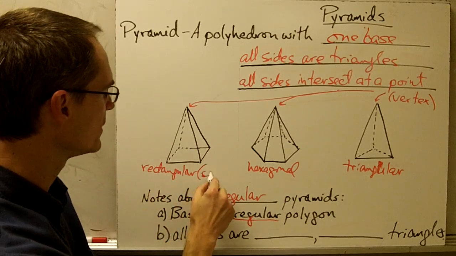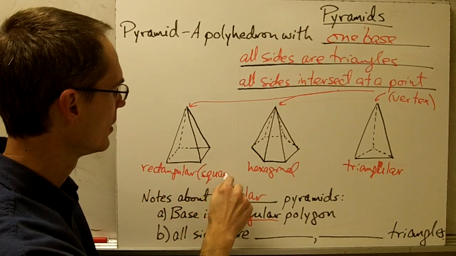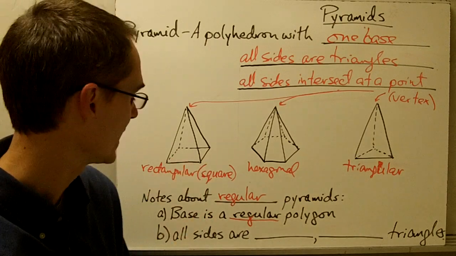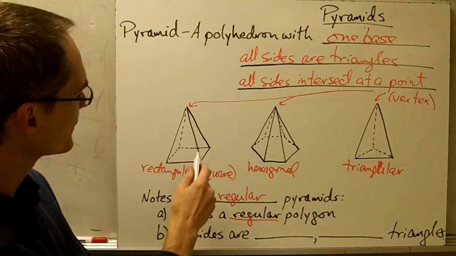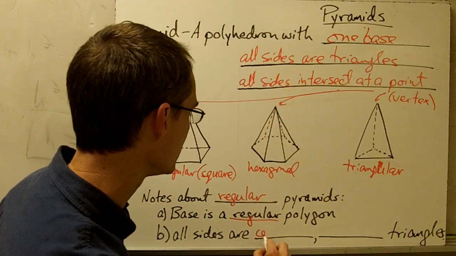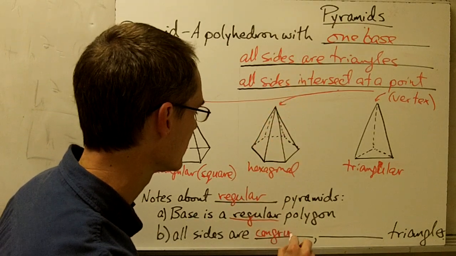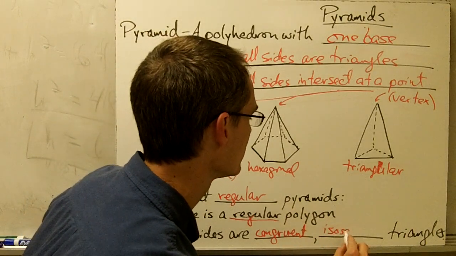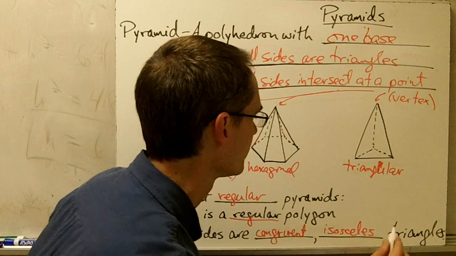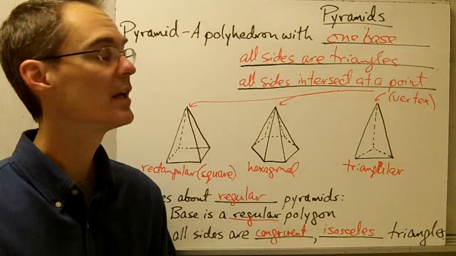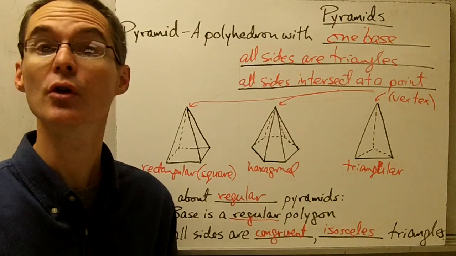So technically this would be a square pyramid, since all four sides of the base are going to have the same length. All of the sides are not just triangles, but they are specifically congruent isosceles triangles. And we're going to see that's going to come in very handy when we go about calculating the base area, lateral area, total area, and volume.